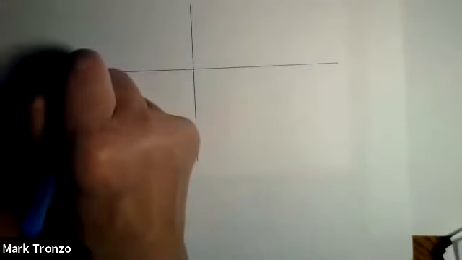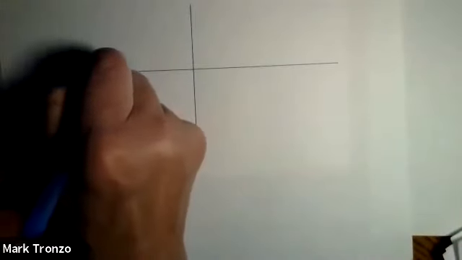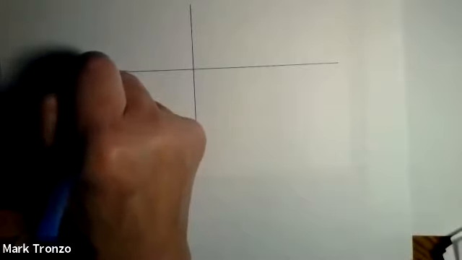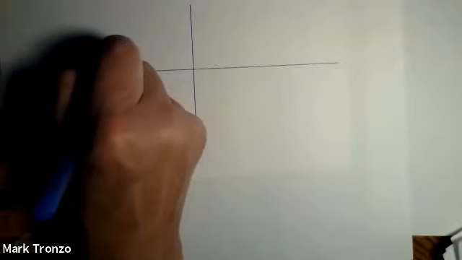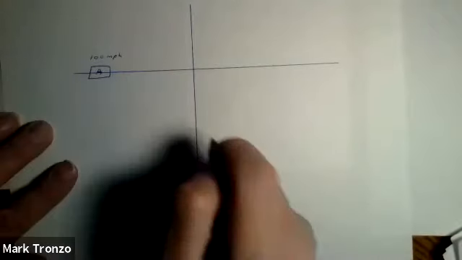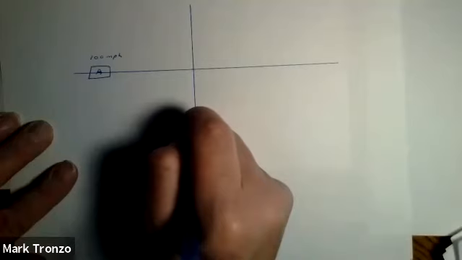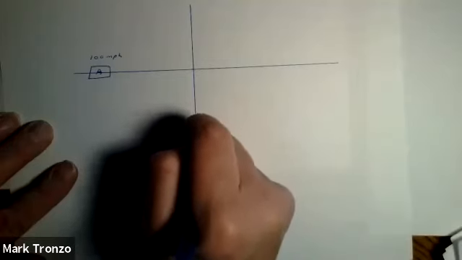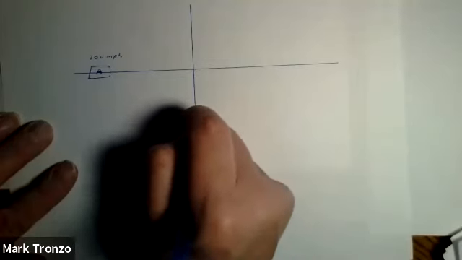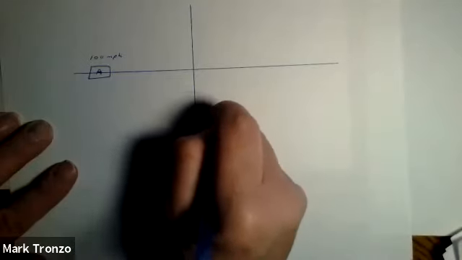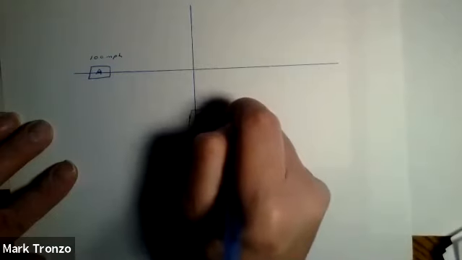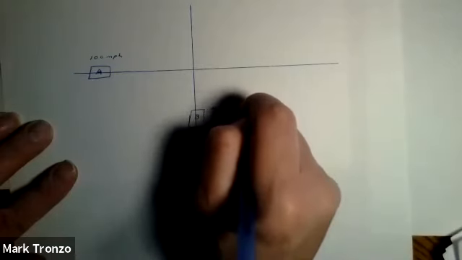So let's say you have cars like this. You have this one here, car A, going at 100 miles per hour. And maybe car B going in this direction, 80 miles per hour.